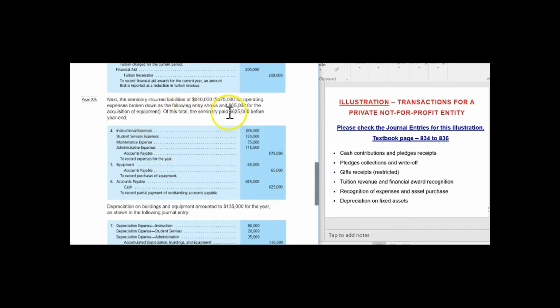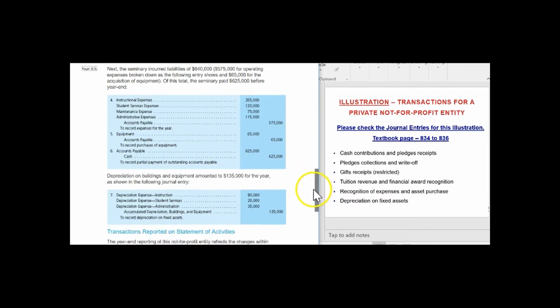And for the $65,000 they purchased equipment, so they will debit equipment, and then they will credit accounts payable. So if you add these two accounts payable, 575 and 65, the total is 640. Now out of that 640 they paid 625. So since they paid it, you have to remove that accounts payable. So you're going to debit accounts payable and credit cash.